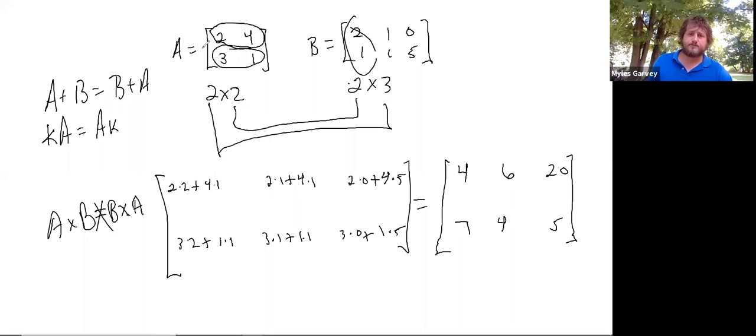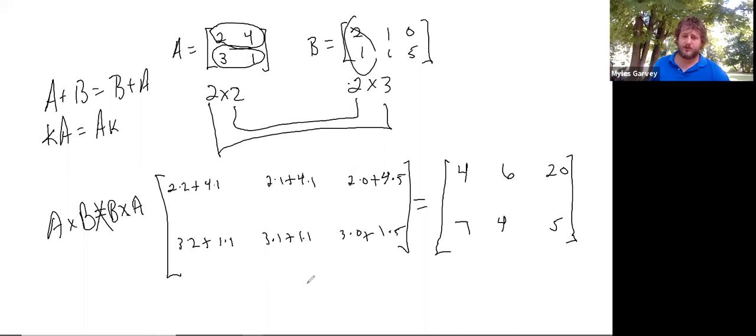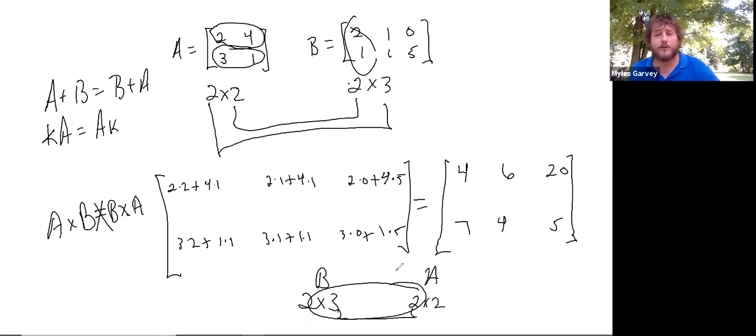So, and you can see that, right? Because if we were to flip these, suppose we did B times A, then what we're doing is multiplying a 2 by 3 matrix times a 2 by 2 matrix. And what we get are incompatible matrices because these are not equal. So if we have an incompatible matrix, then we're not going to get the same results because we can't multiply them by definition.